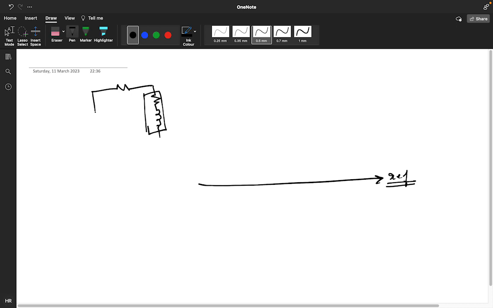And here you have the overall net voltage, that is V1. This one was V2, this particular was VR, and this particular was VL, and this overall they have considered as V3.